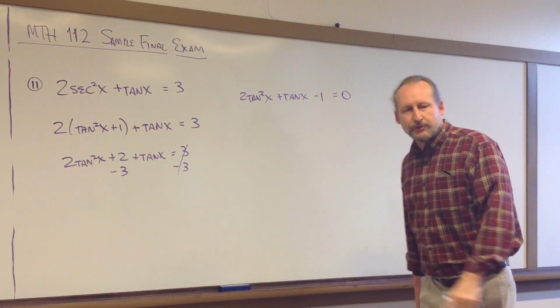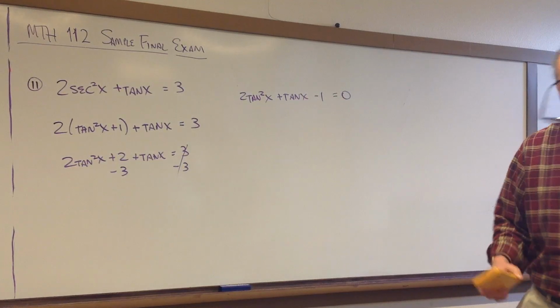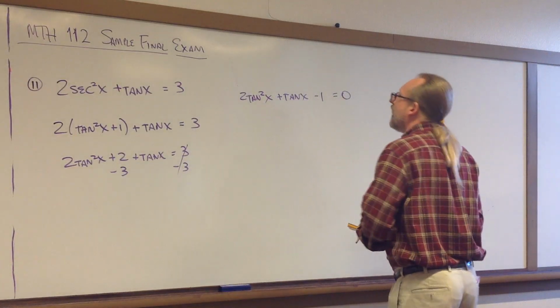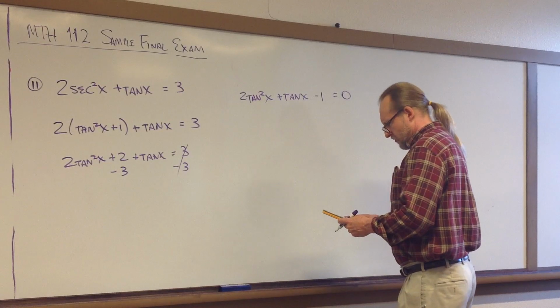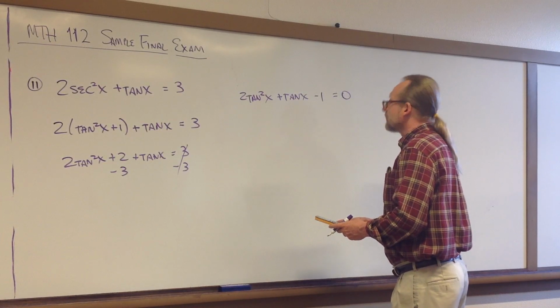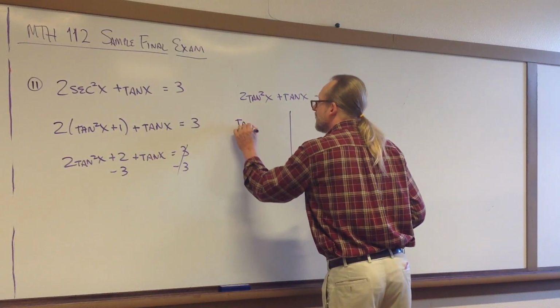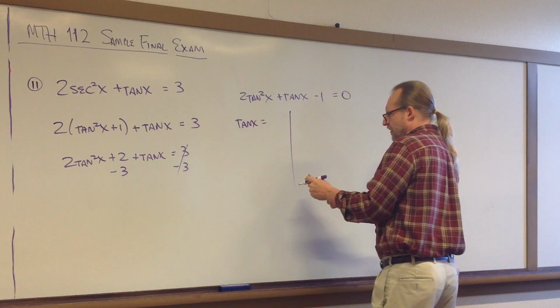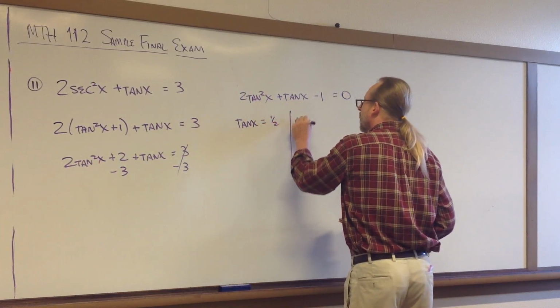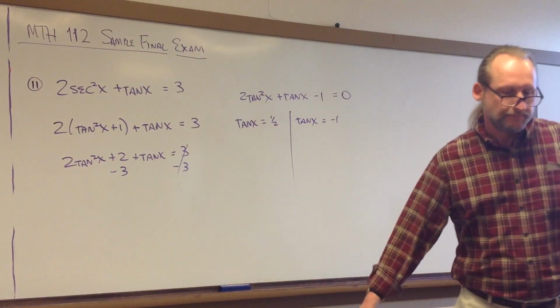And this is factorable too, but we can go ahead and use the quadratic formula. Let's see here. So A is 2, B is 1, C is negative 1, and that gives us solutions. Tan x equals 1/2, or tan x equals negative 1.